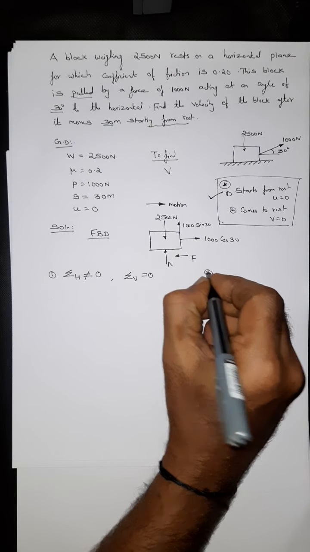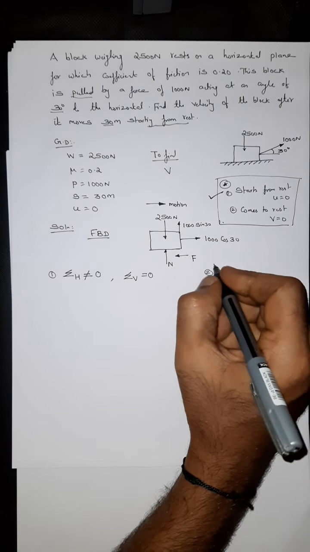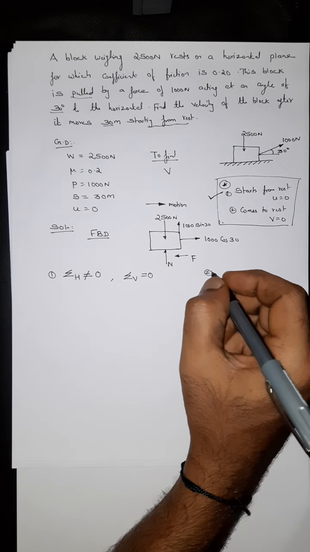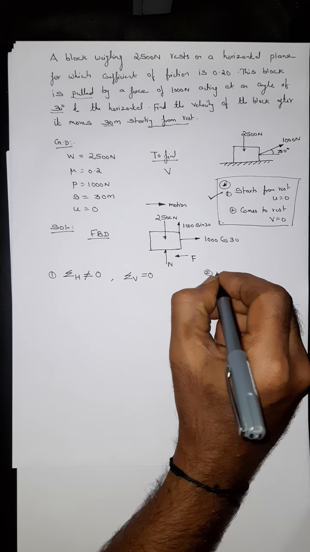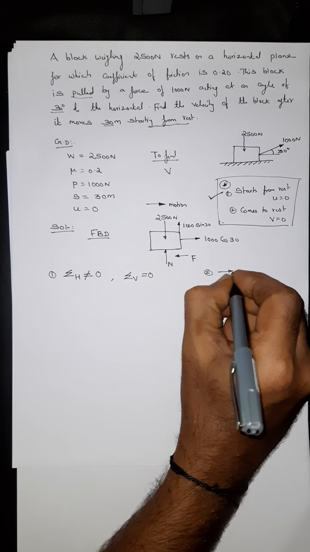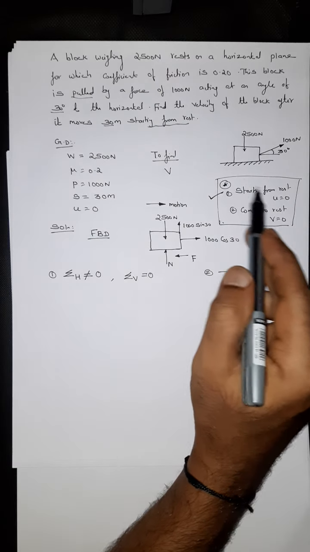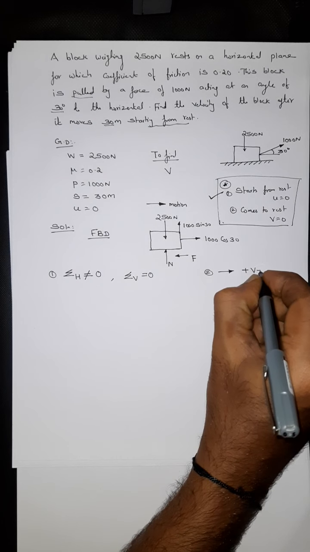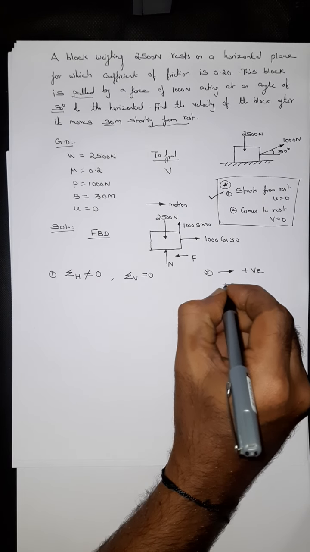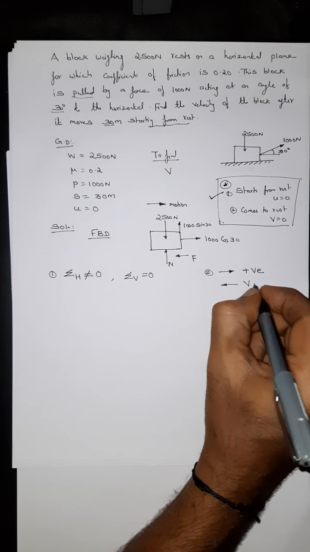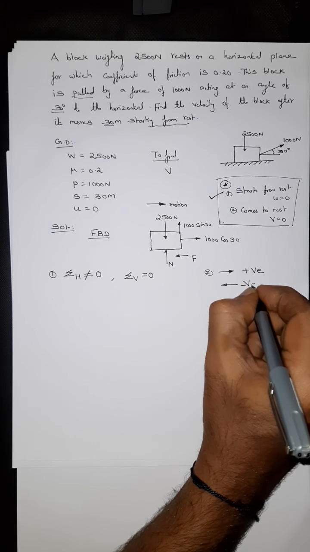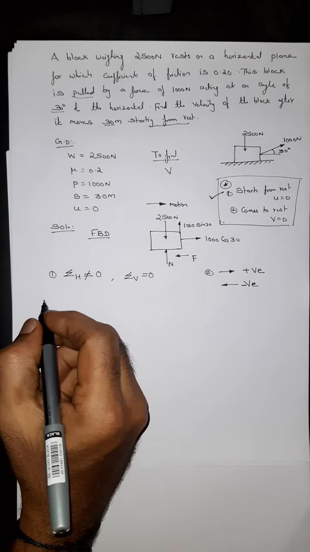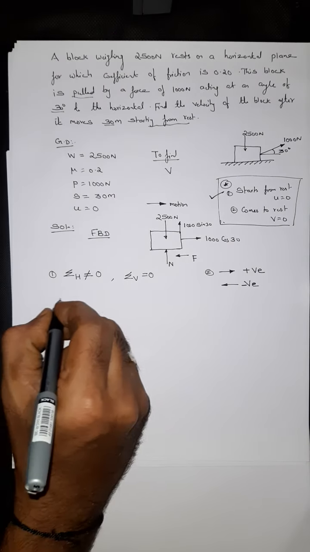The second one is the direction of motion. The moving direction is considered as positive. So the object is moving to the right, in the positive x direction, so that needs to be considered as positive, and the opposite direction should be considered as negative. Clear? Right.